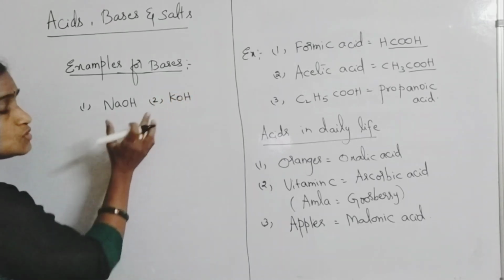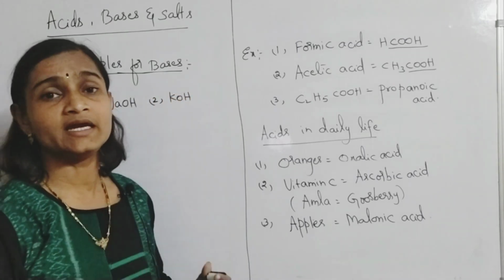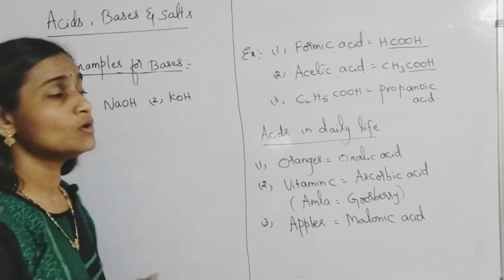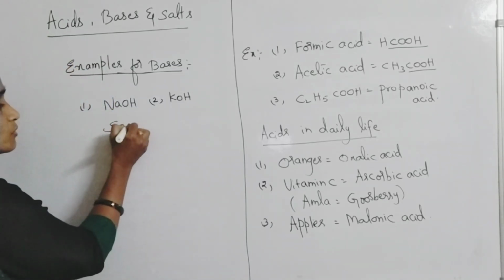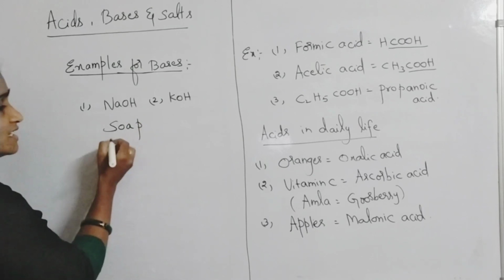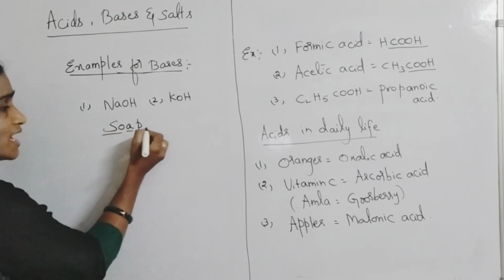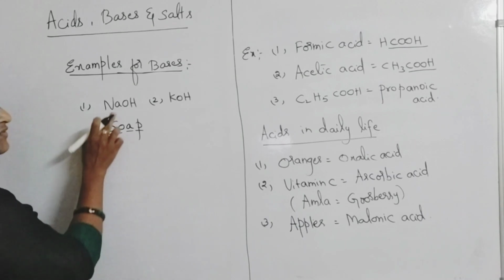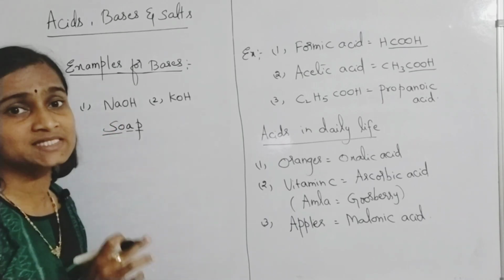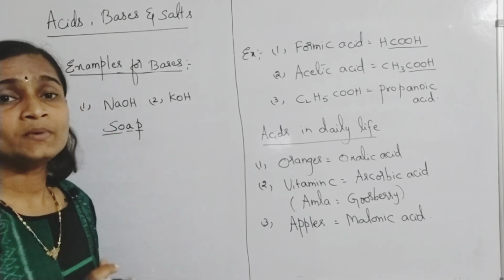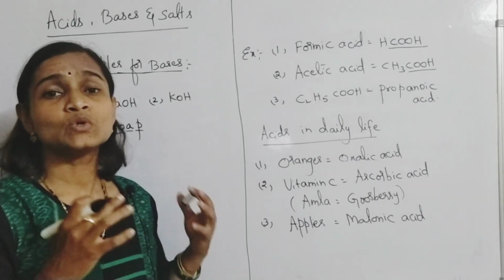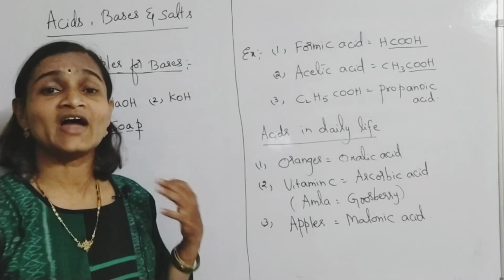These two are considered to be the main ingredients in the manufacture of soap. Now, you know soap. In the name itself it is there, sodium and potassium. Soap is made up of sodium and potassium salts of fatty acids.